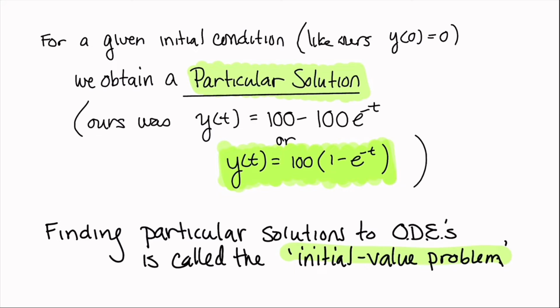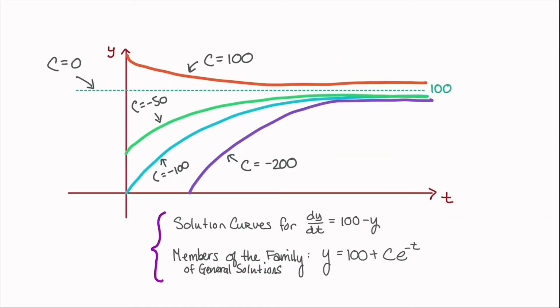So we get the particular solution y is equal to 100 multiplied by 1 minus e to the negative t. Given a general solution such as y equals 100 plus c e to the negative t, one can sketch a family of solutions to our differential equation. Each time you give a different initial condition, you get a different constant c, and thus a different particular solution curve shown here.